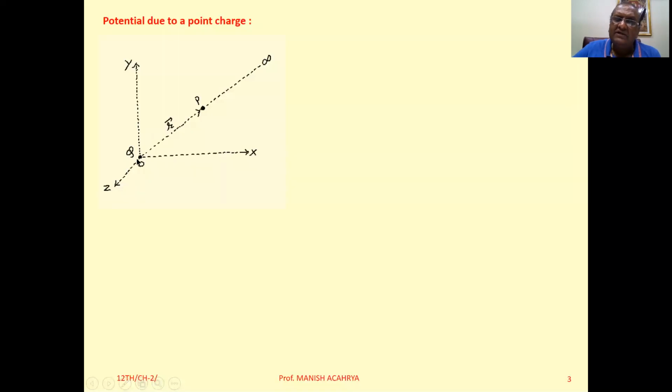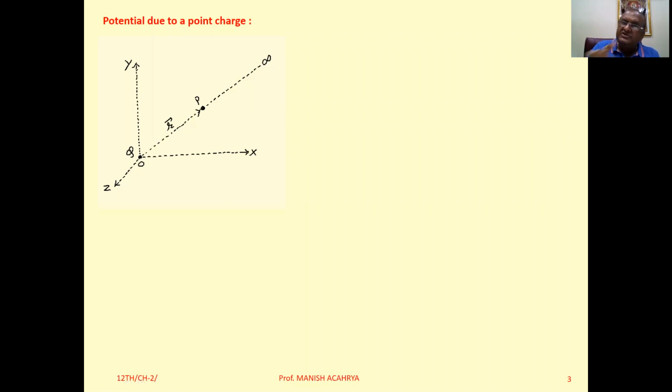Cartesian coordinate system, and we want to find the potential at point P in its electric field, and point P has the position vector R with respect to the origin. So as per definition, what we have to do?